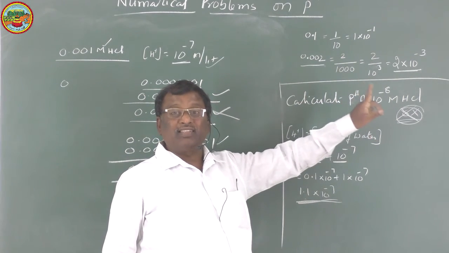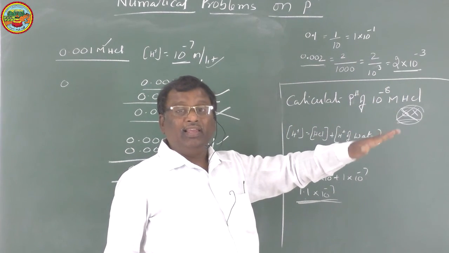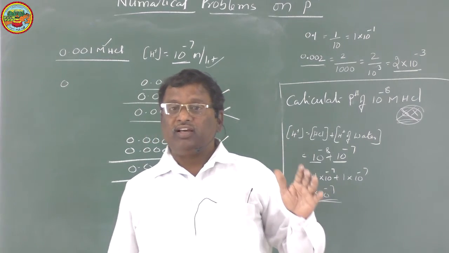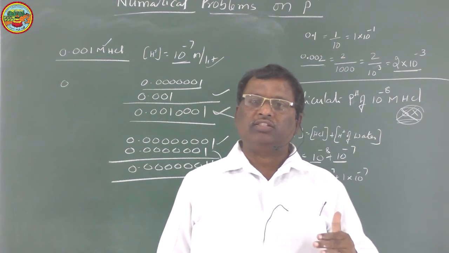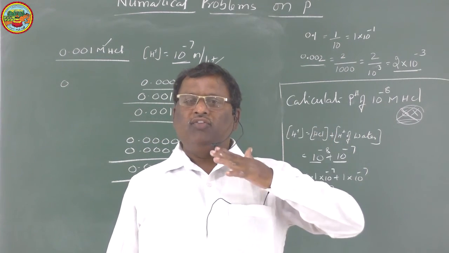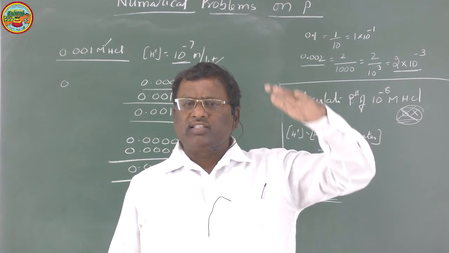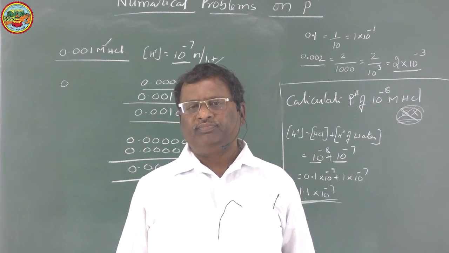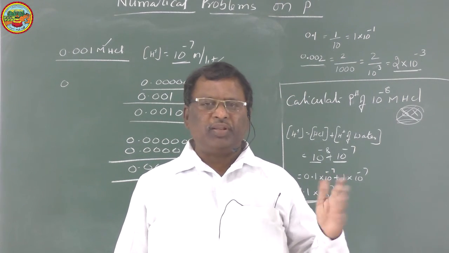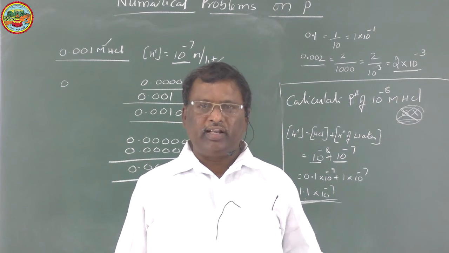In the previous cases, we neglected the concentration of H plus ions of water because the acid concentration is far greater than the concentration of H plus ions of water. In such cases, it can be neglected.